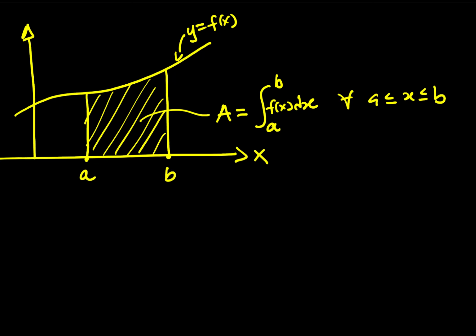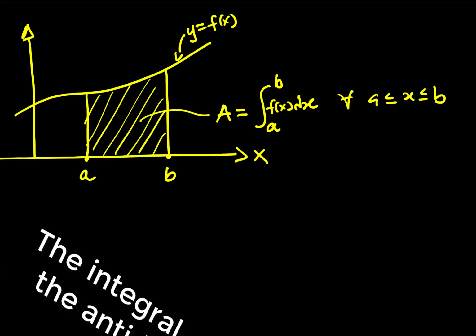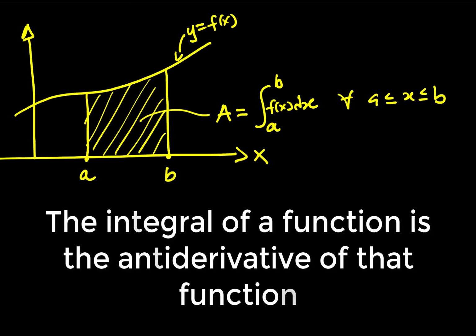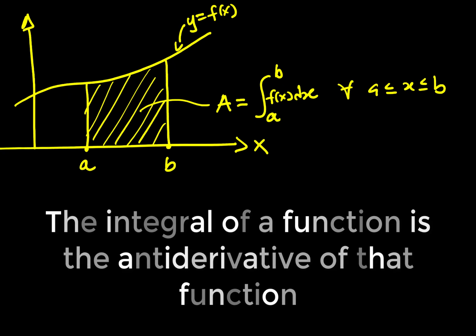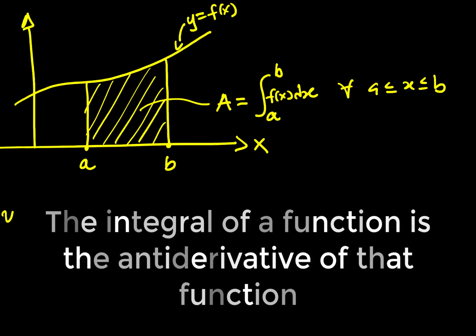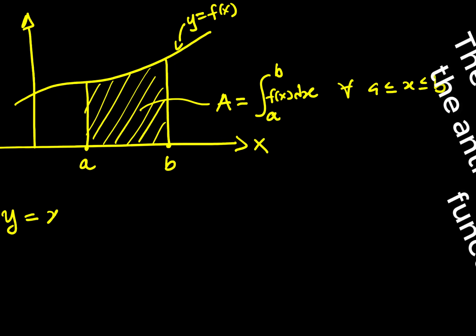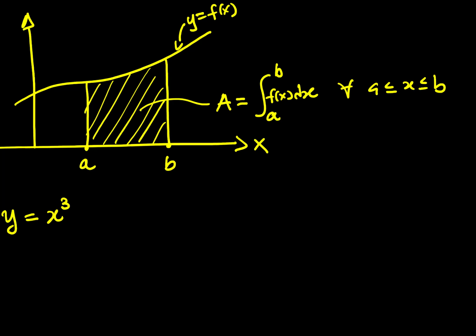But the real deal that I really want you to remember is that integration is an antiderivative. In other words, the integral of a function is the antiderivative of that function. For example, if we have a function y equal to x cubed, therefore dy over dx will be equal to 3x squared.